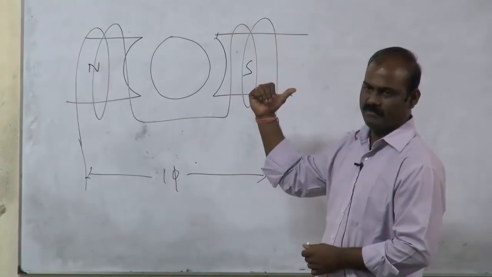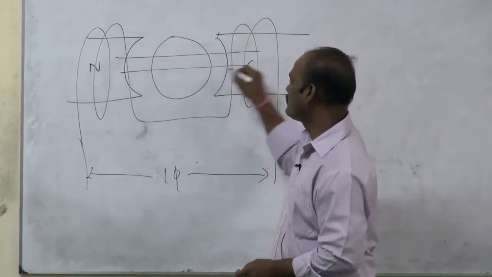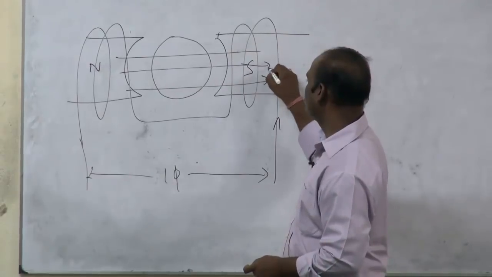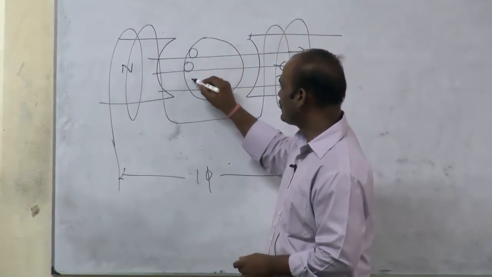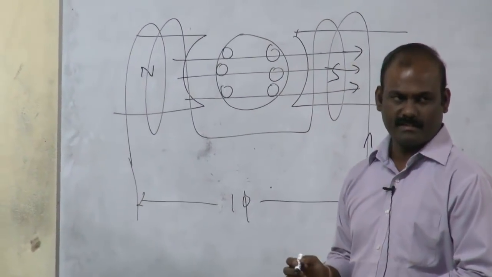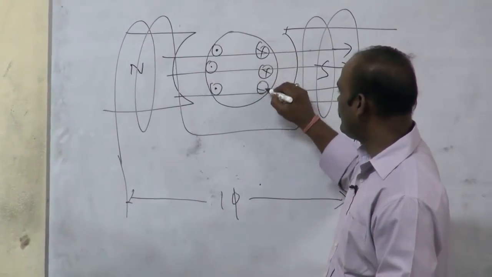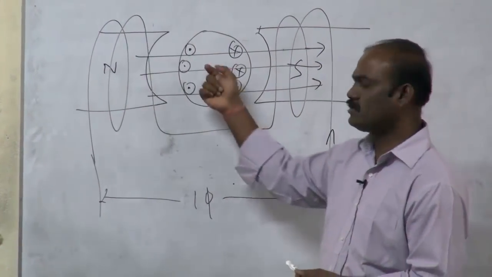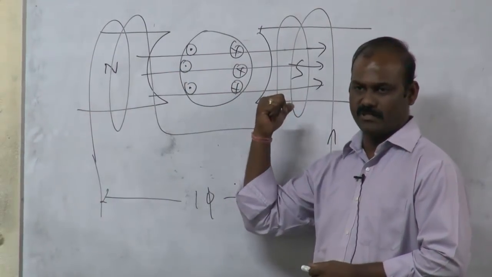So flux will be north to south, right. Now assume some conductors on the rotor, and let us take the current direction. On the right hand side it is towards you, on the left hand side it is into the board, right.